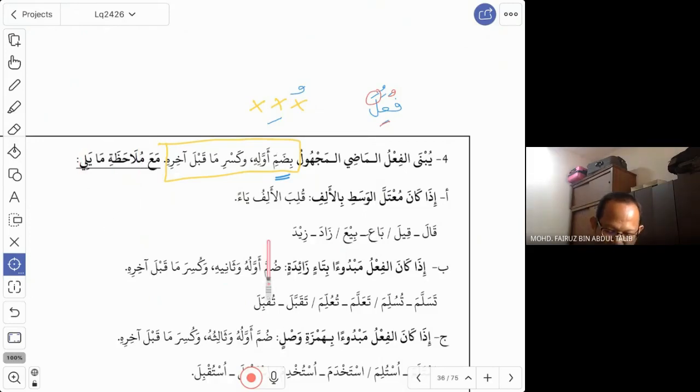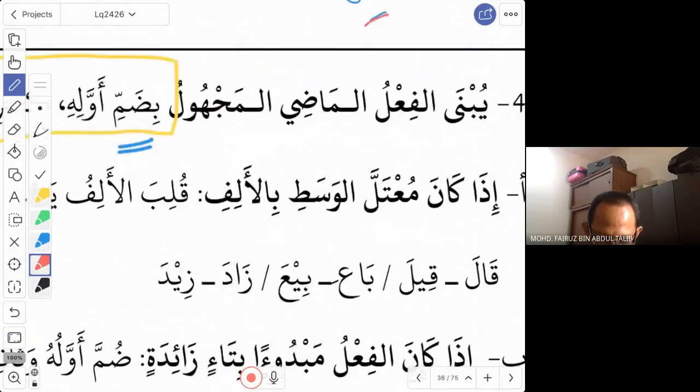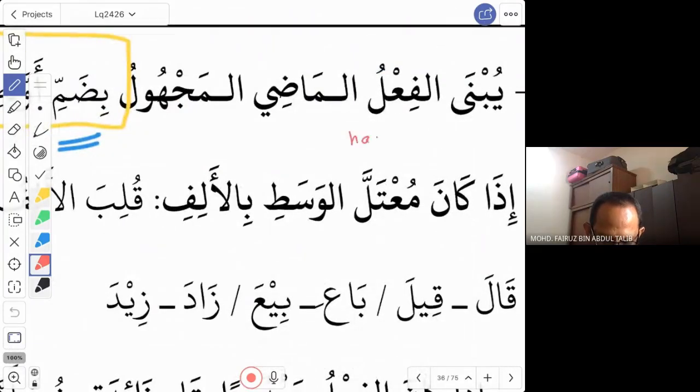These are some differences that you will see in the changes in the fi'il. So for example, number 1: إذا كان معتل الوسط بالألف. If the fi'il is mu'tal, mu'tal means the fi'il has harf al-illa: alif, waw, and also ya.